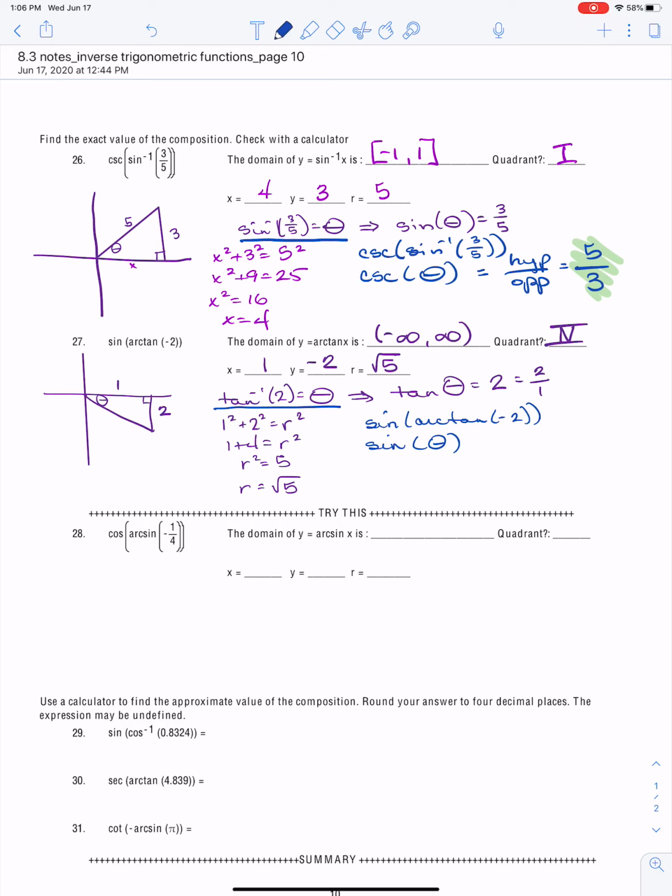We can find the other side, and then we can find what we're being asked to find. And so sine of theta, opposite over hypotenuse, is -2 over square root of 5. We don't like that radical in the denominator, so we are going to rationalize. We get -2 square root of 5 over 5.